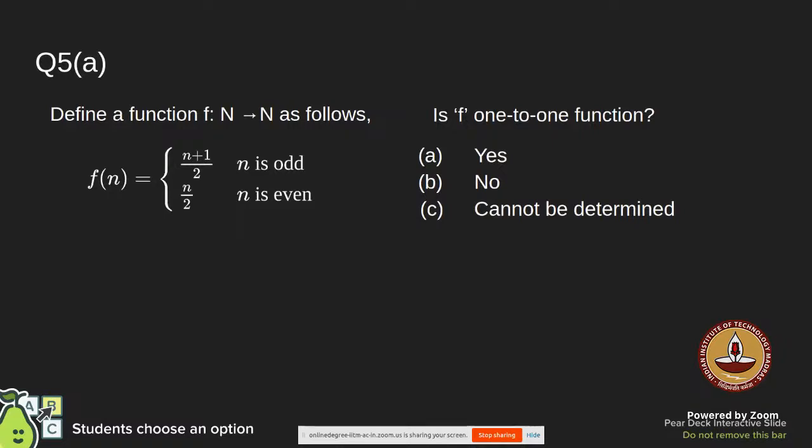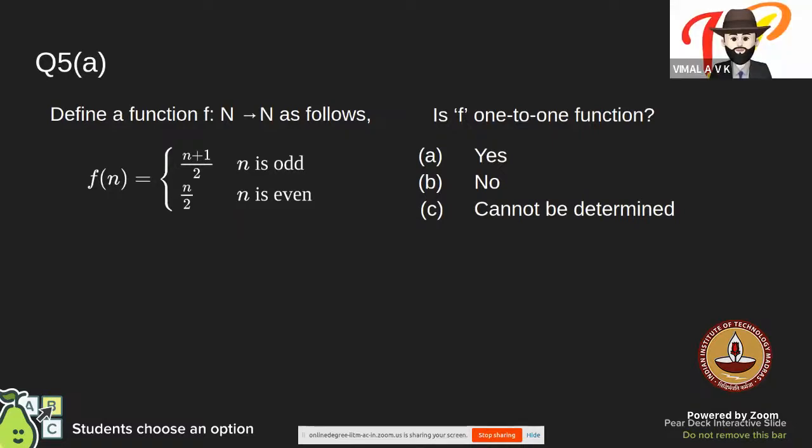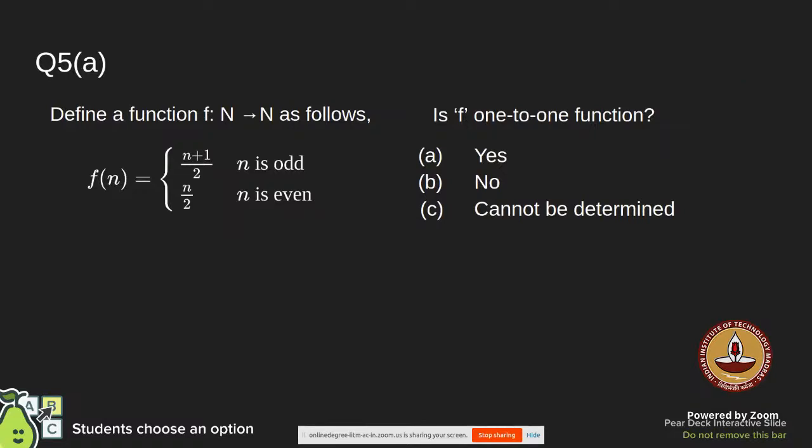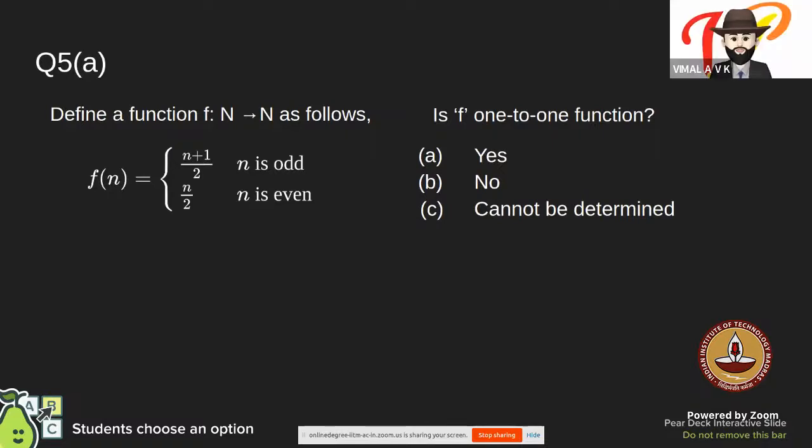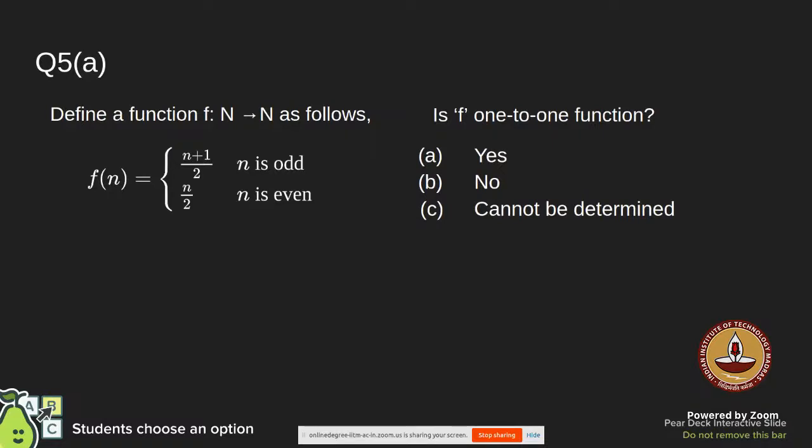At that point, that function is called an into function. But we don't have it in the syllabus. You are saying a function which is one-to-one but not onto, right? Yeah, injective, sir. So generally, we don't call it an into function. You may have seen this name somewhere, but believe me, it is not a popular terminology in the math world.